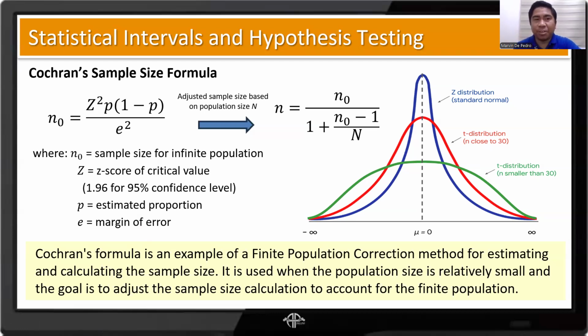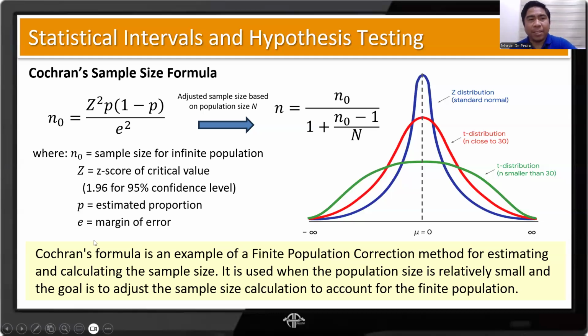which ideally is at a 95% confidence level. That's why we choose the value 1.96 as the z-score critical value. At the same time, we also need the estimated proportion and the margin of error, or the MOE.